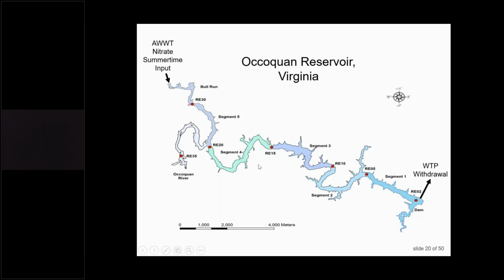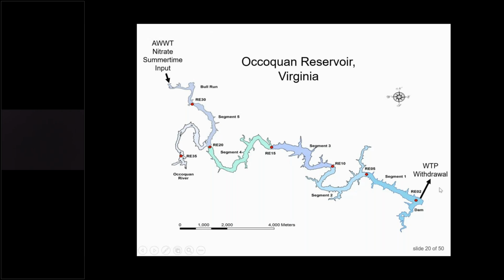It's kind of a run-of-the-river reservoir. And so we have these two tributaries coming in, and in Bull Run tributary, there's actually an advanced wastewater treatment facility that is putting highly treated wastewater, reclaimed water, into the reservoir.